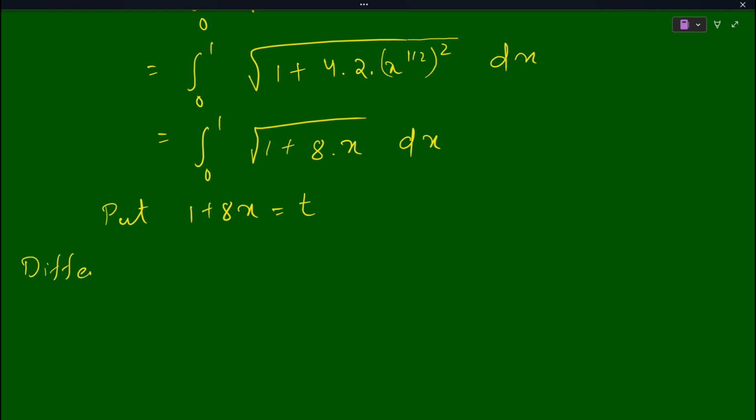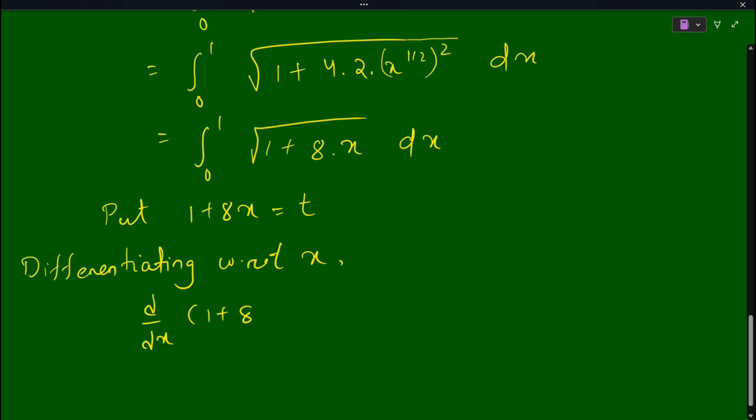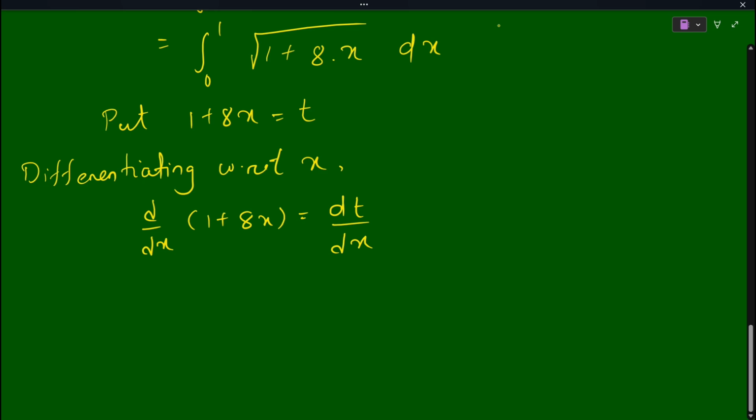Now we will differentiate both sides with respect to x or t, whichever is convenient. Suppose I am differentiating with respect to x, then I will get d by dx of 1 plus 8x, and the right hand side will be dt by dx.